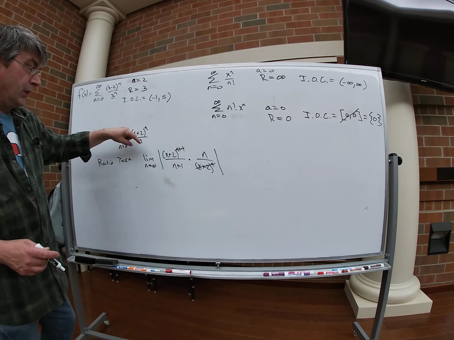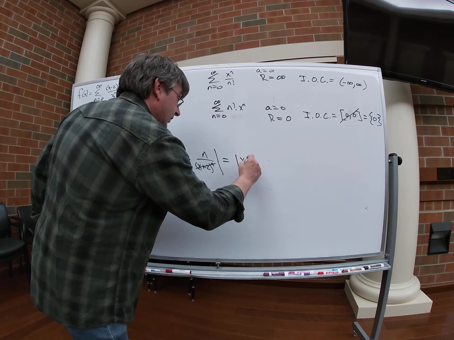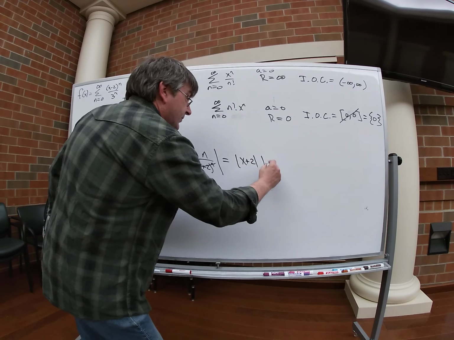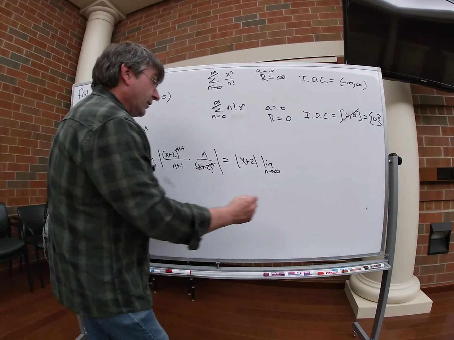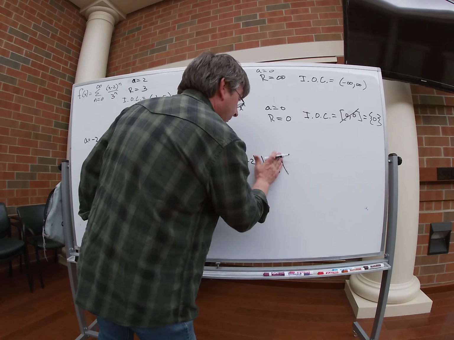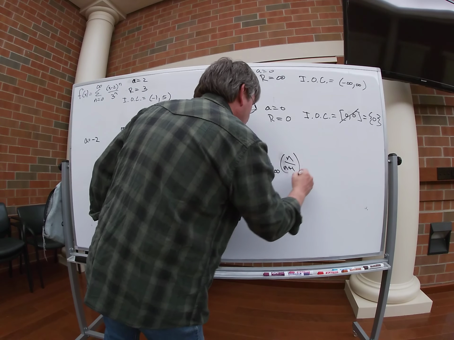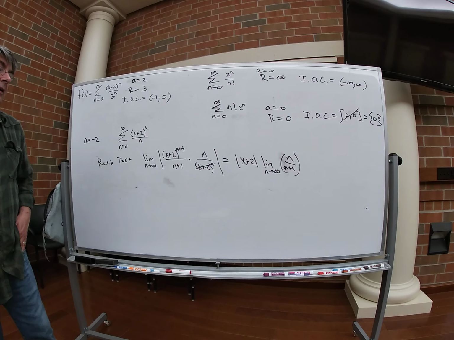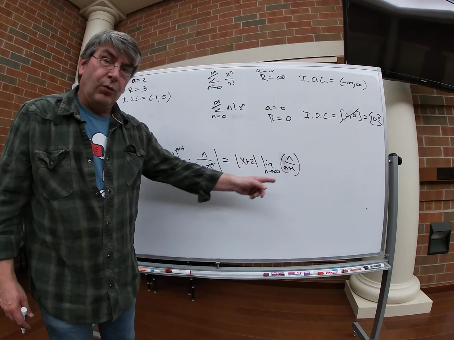Then the absolute value of x plus 2 has nothing to do with n. It can come out of the limit. So I'll write this as absolute value of x plus 2 times the limit as n goes to infinity of n over n plus 1. I can drop the absolute value here. As n goes to infinity, what happens to n over n plus 1?